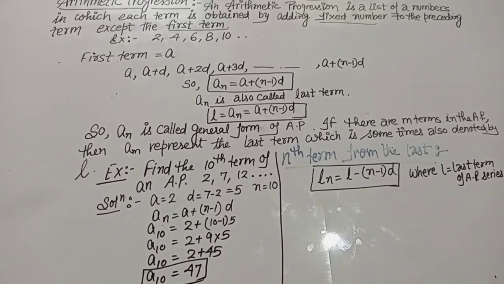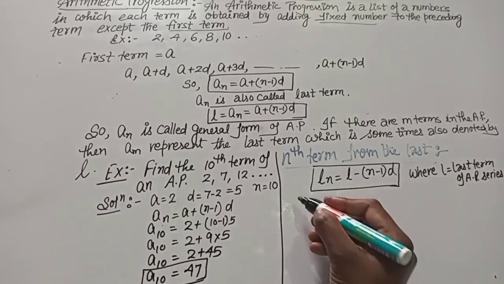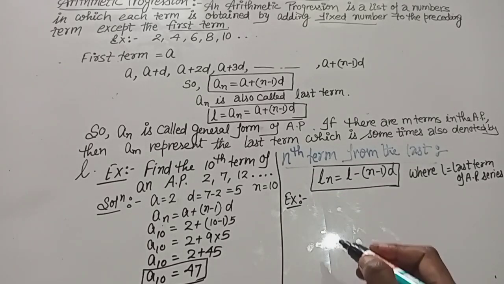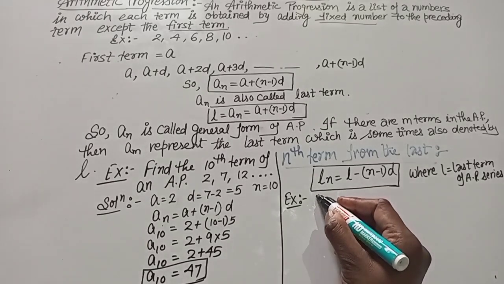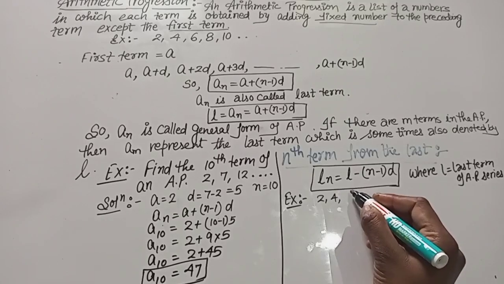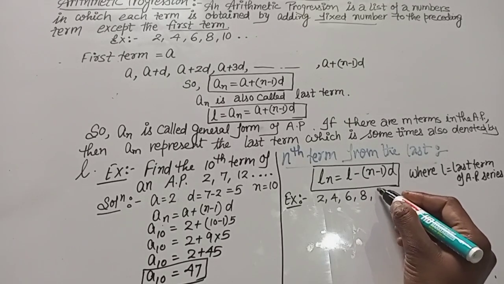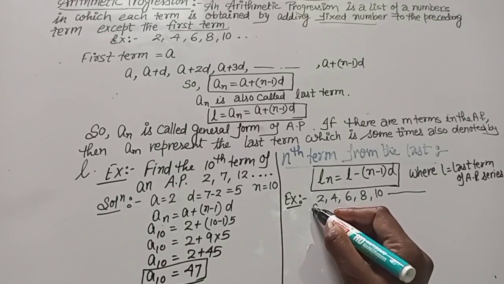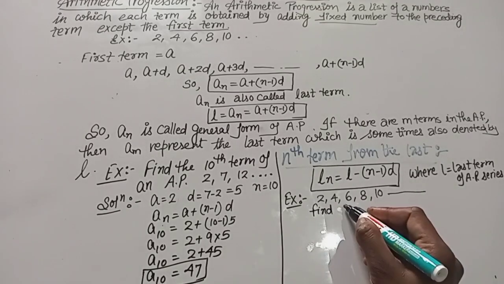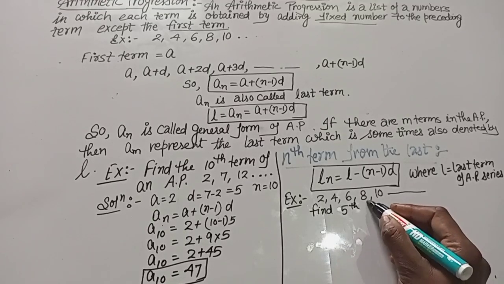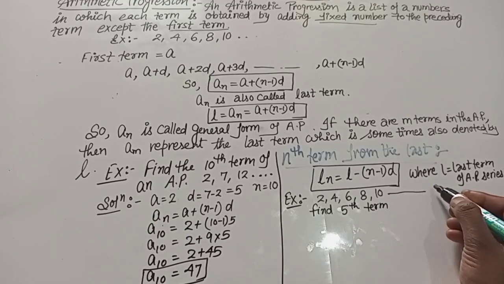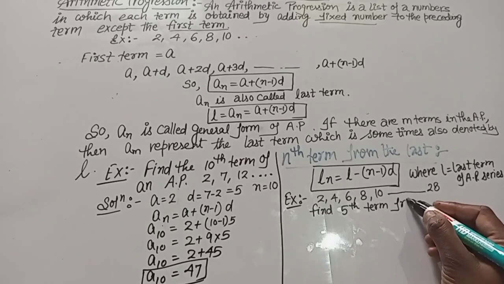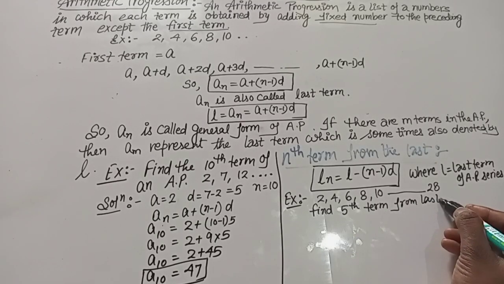The example is 2, 4, 6, 8, 10 and so on, up to 28. Find the fifth term from the last.